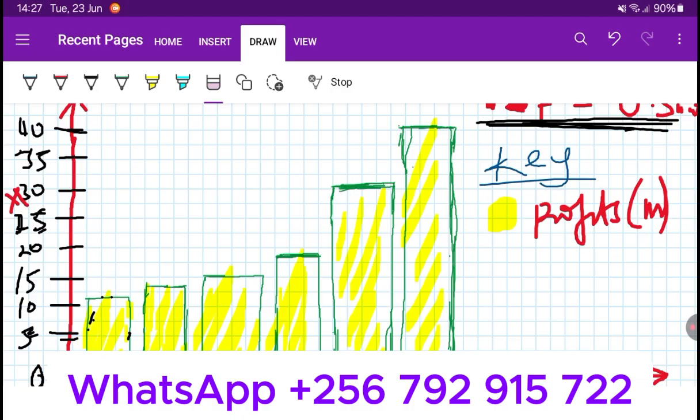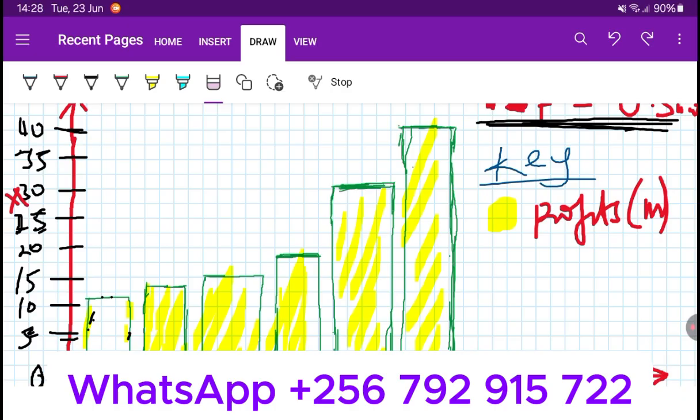How will it be? You can come here, maybe you leave one of these unshaded and you say that the unshaded is maybe 2020, and you can say now this is 2005 in the key.